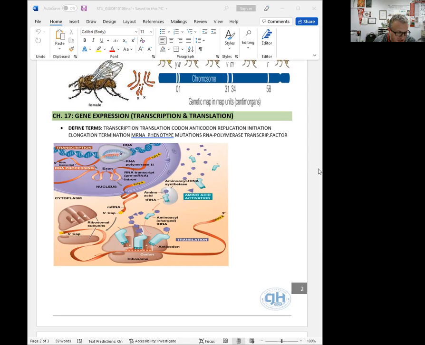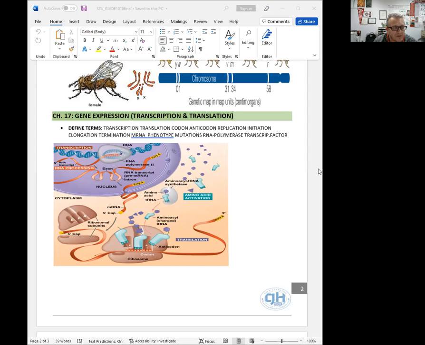So again, gene expression doesn't end here. There is more to gene expression, but this chapter just covers up to the protein. Always remember both transcription and translation have initiation, elongation, and termination, and we have a universal genetic code that all living organisms share with each other.